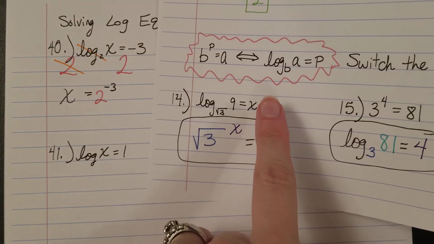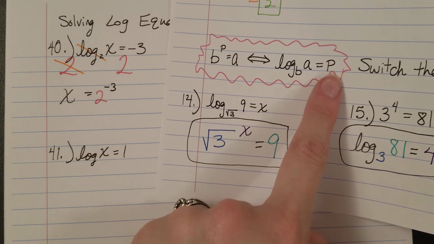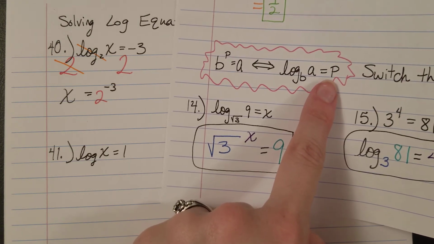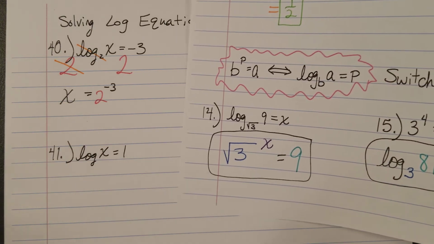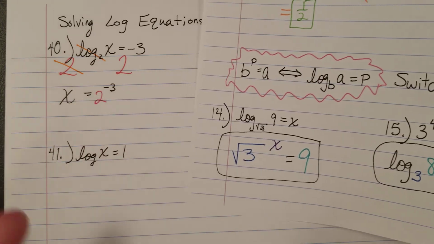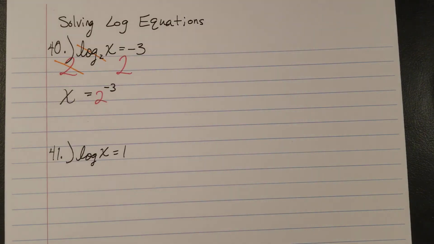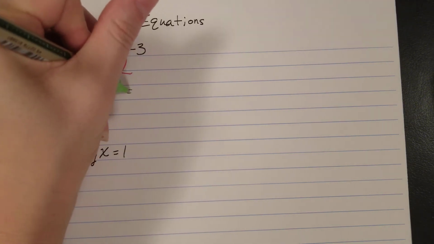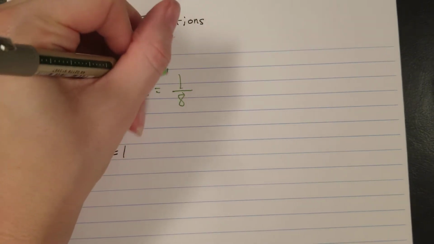That's basically the same thing that would happen if you used this over here. So, you've got log base 2 of x equals negative 3. You turn that into 2 to the negative 3 equals x. Okay, and this is how you're able to do that. That's why this even exists. So, anyway, 2 to the power of negative 3 is the same thing as 1 over 2 to the third power, which is equal to 1 over 8.